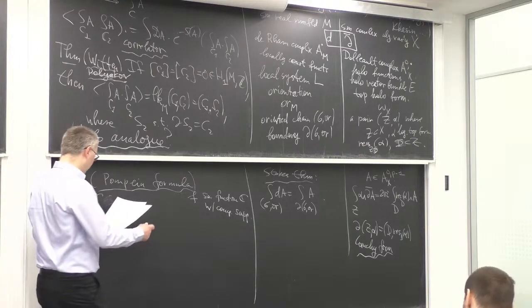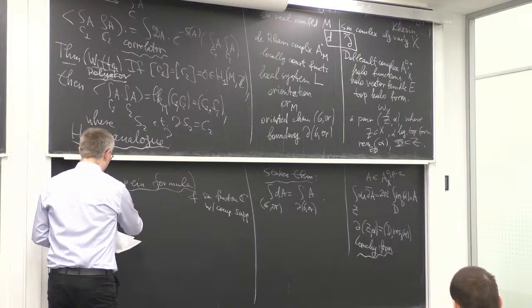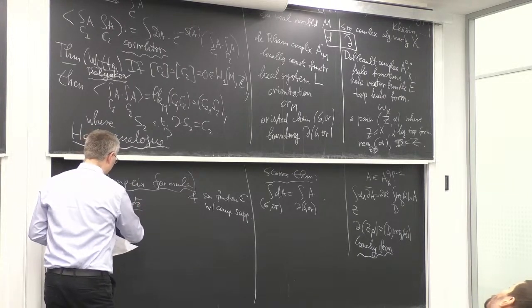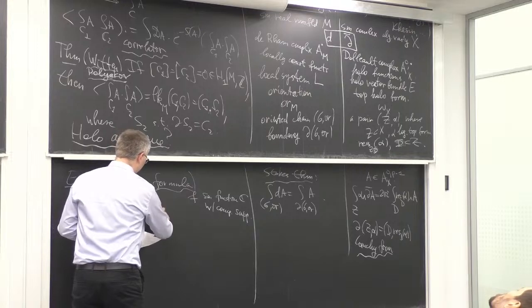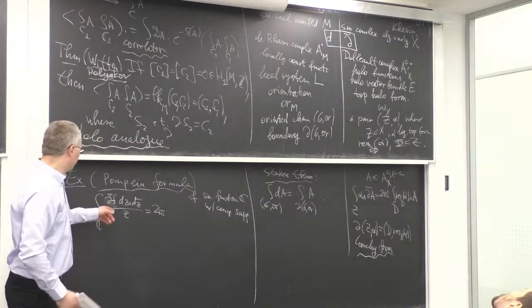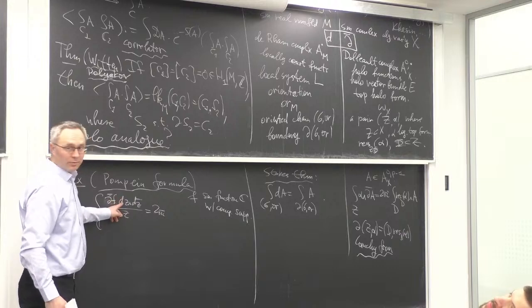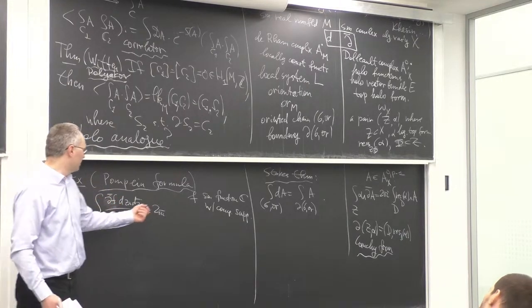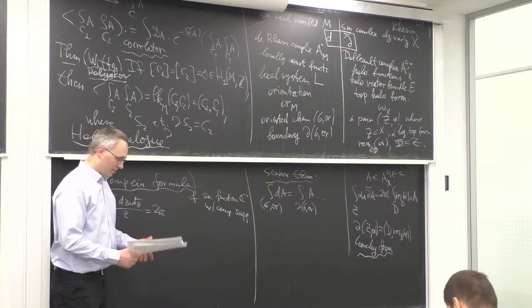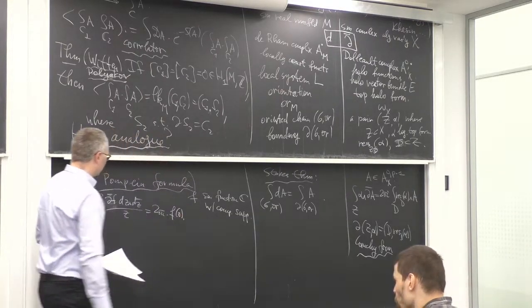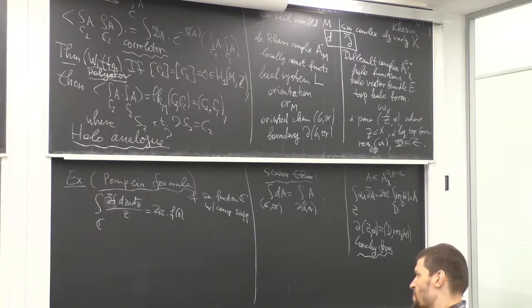Then I will get the integral of d bar f dz over z, and this should be 2 pi i times the integral over the residue of my form alpha. Alpha is dz over z, so the residue is just a cycle which is a point, with 1. Then I restrict my (0,0) form to the point, so I get the value of f at that point. This is a particular case of this holomorphic analog of the Stokes formula.